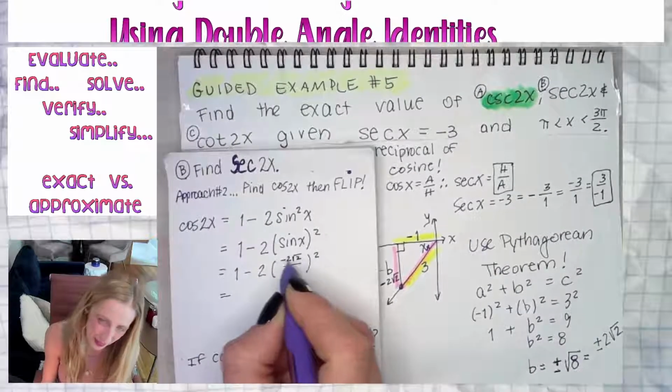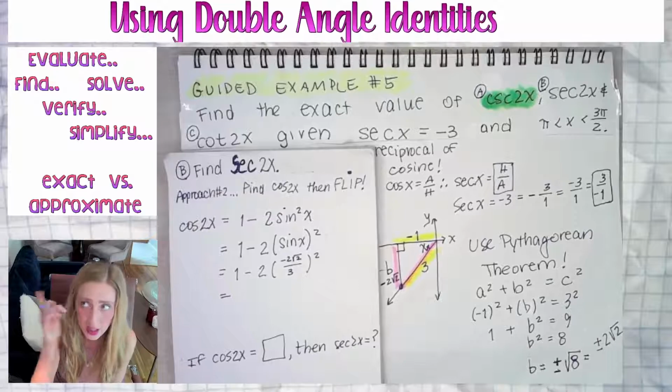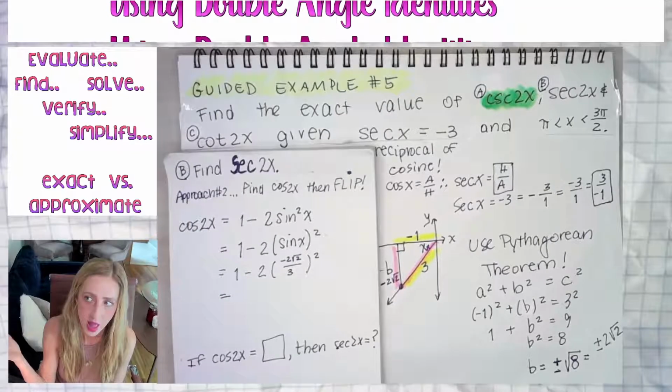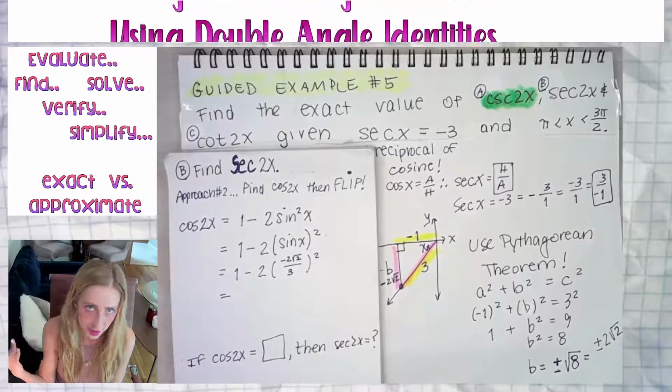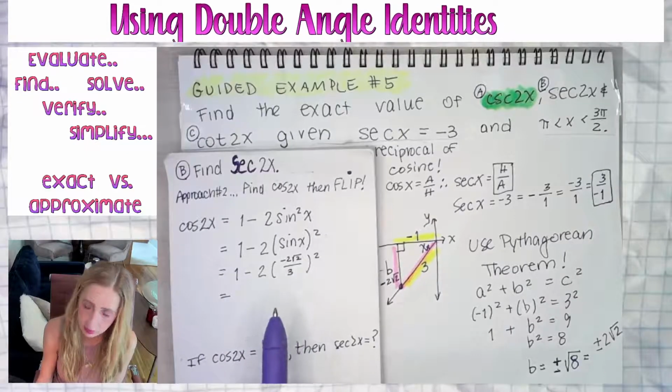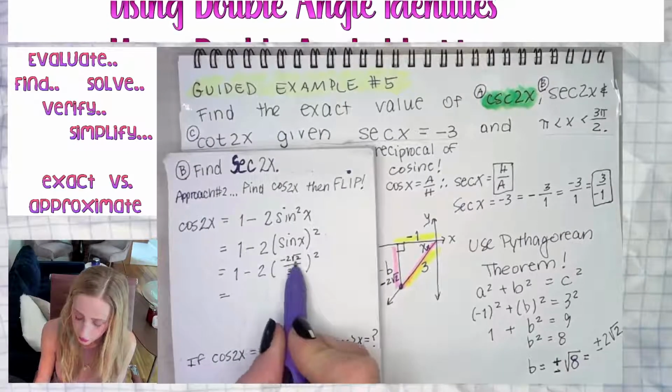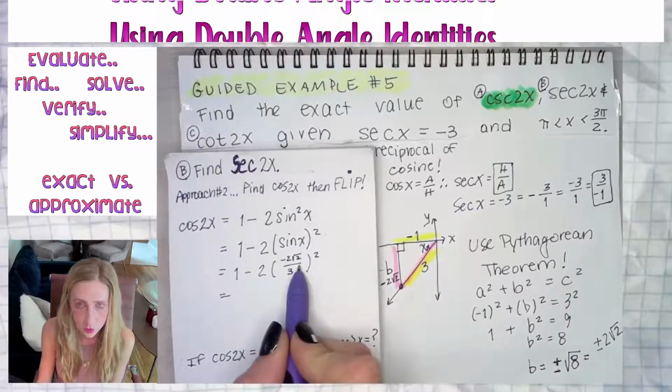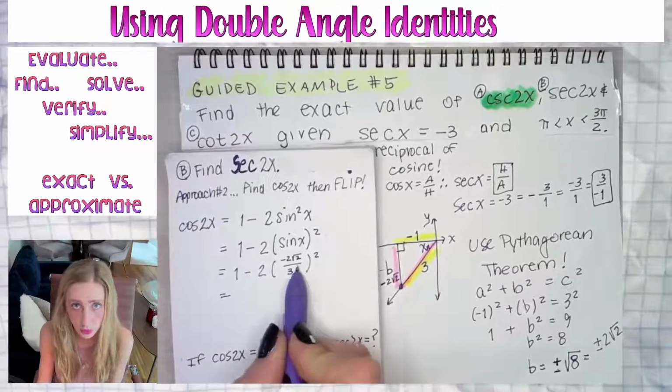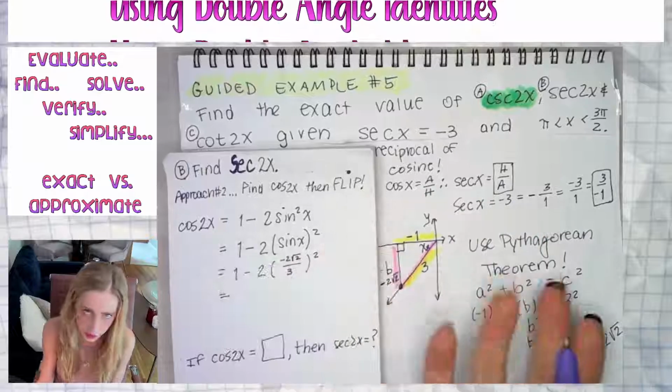Careful squaring these, people do weird things. Trick: I know it's root 8, and root 8 squared is 8. Done. That's a good trick, write that down. But if you were squaring that, you would square the 2 to get 4, square root 2 to get 2, and 4 times 2 is 8. The negative squares out.